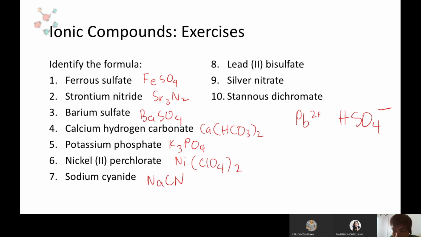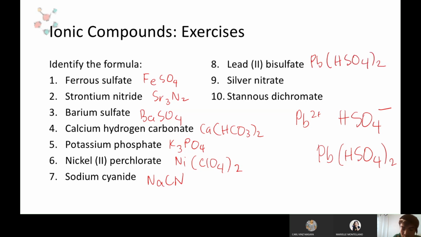So, criss-cross, we will get Pb(HSO4)2. Ayun lang, no? Doon lang tayo magtatalo. So, remember, pag may term na bi, may hydrogen yan, no? Ayan. So, Pb(HSO4)2.